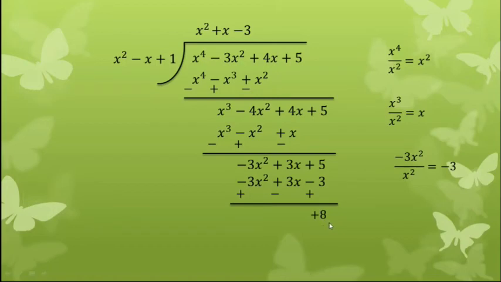Px here is x to power 4 minus 3x square plus 4x plus 5, and gx was x square minus x plus 1, and we also get the quotient, that was x square plus x minus 3. So this is the complete procedure, that is px is equal to gx into qx plus rx. By that we can verify our solution also.